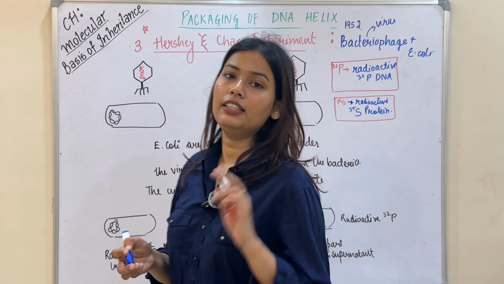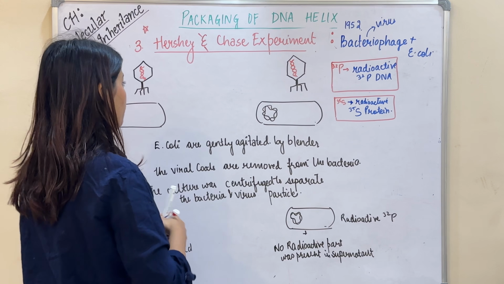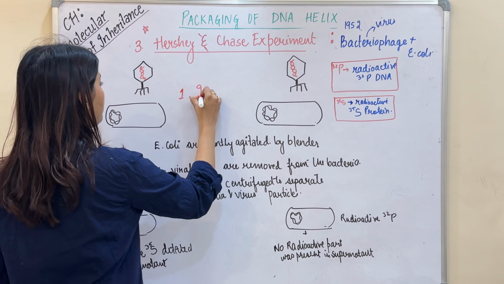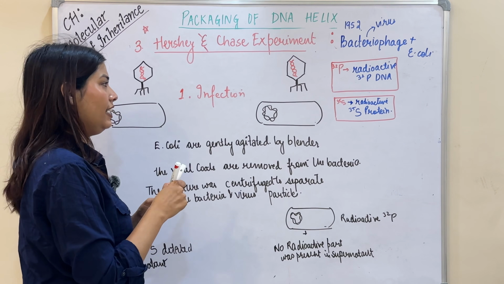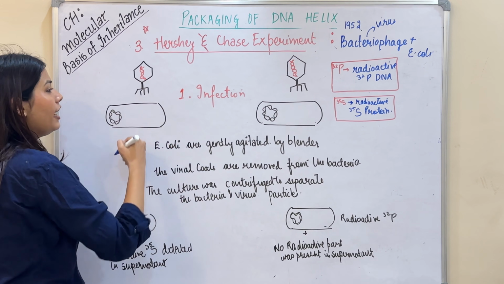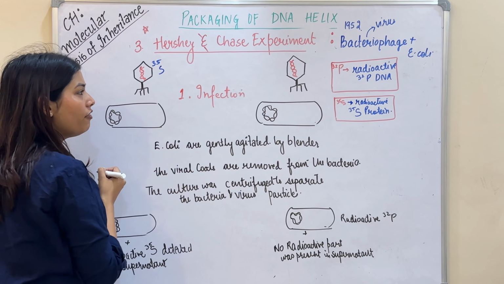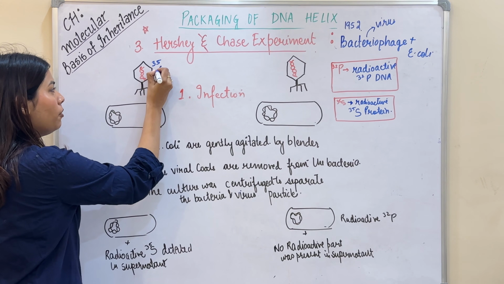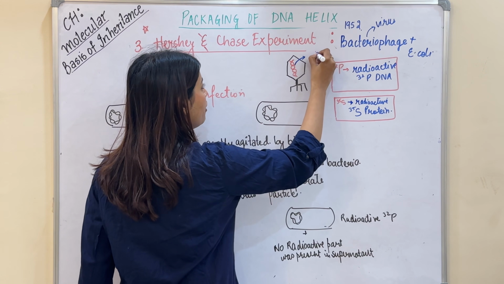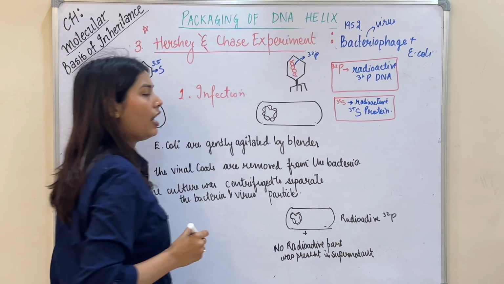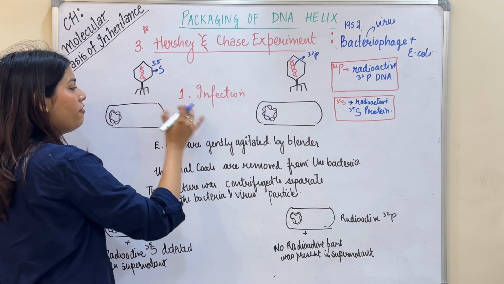So they performed the experiment in 3 steps. The first step is infection. They took the radioactive sulfur tagged bacteriophages, which had the radioactive protein coat, and the bacteriophages which had radioactive phosphorus DNA, and allowed them to infect the E. coli.